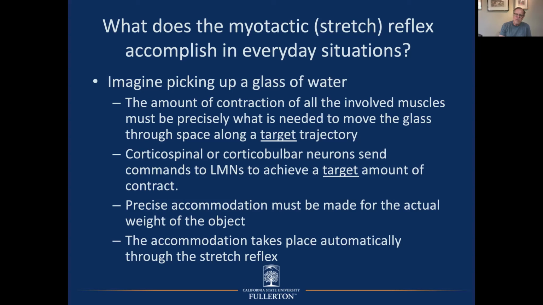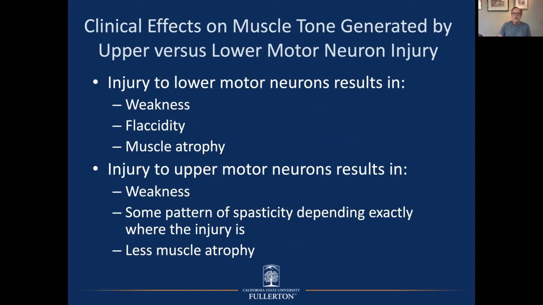But how much force of contraction is required to move through those target points in space is adjusted automatically by the stretch reflex or myotactic reflex. So that's what it does in everyday life. That's an accounting of how it serves us. We haven't gotten to how it's affected by various injuries, but we will get there.